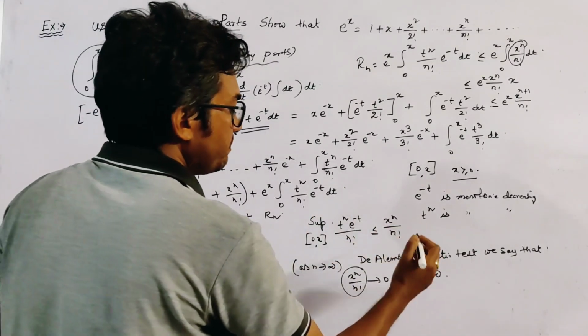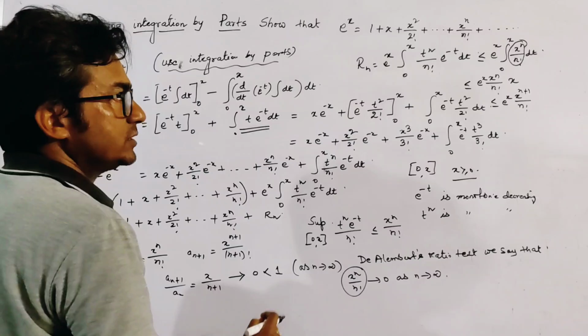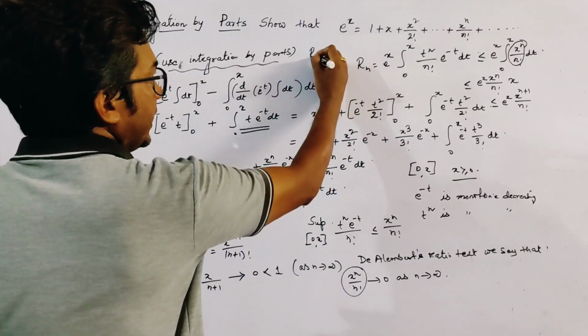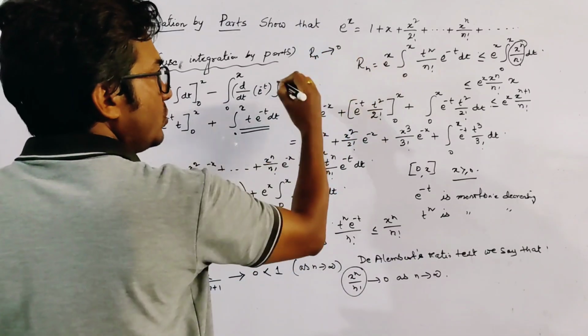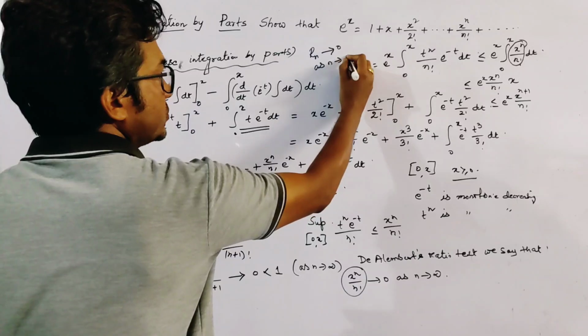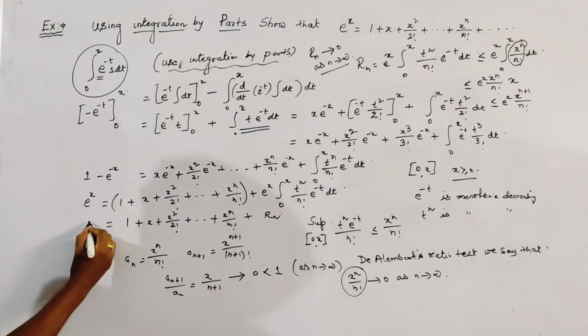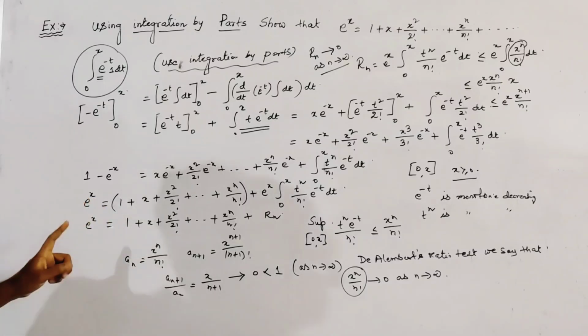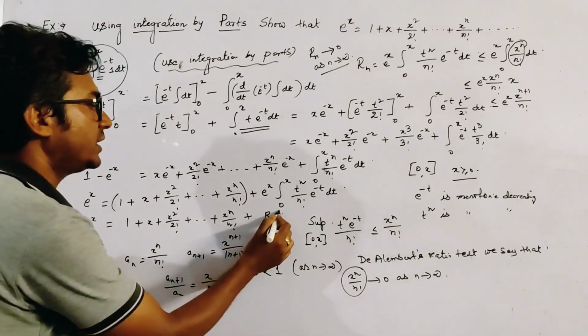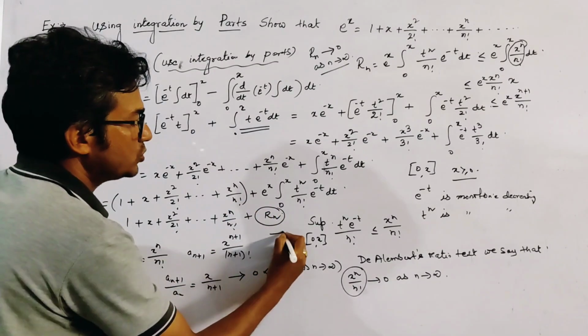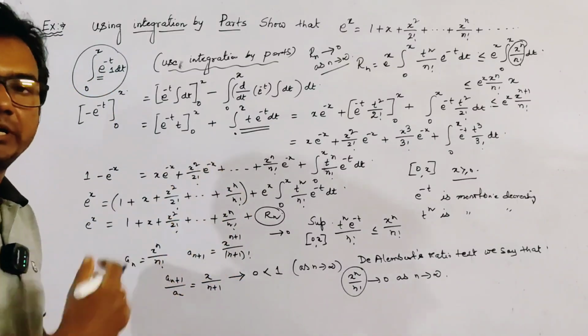So using this result, we say that Rn tends to 0 as n tends to infinity. Now in the series of e to the power x, the remainder term Rn tends to 0 as n tends to infinity.